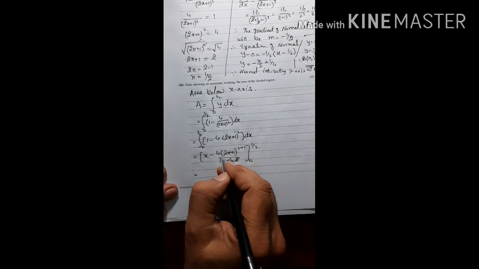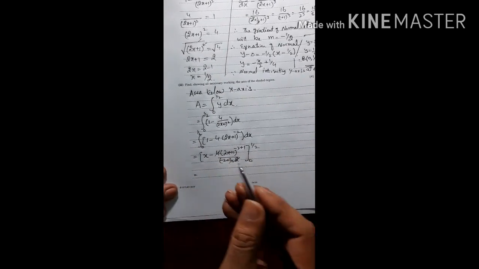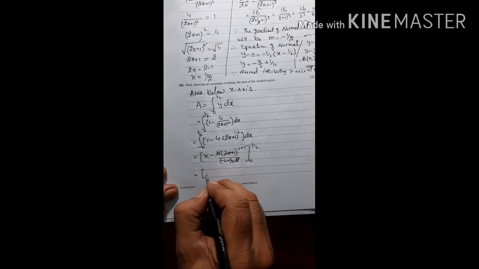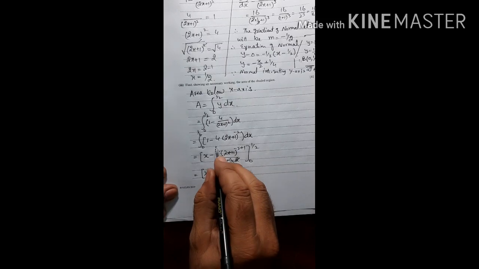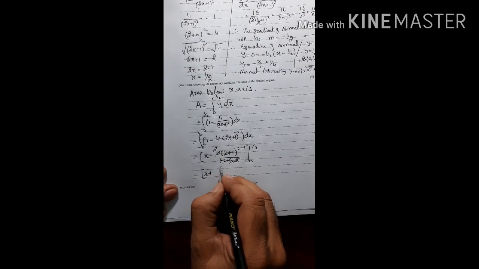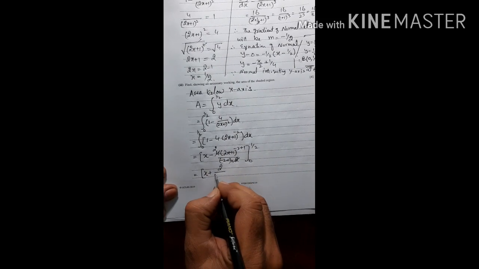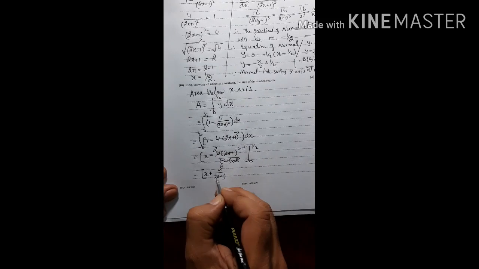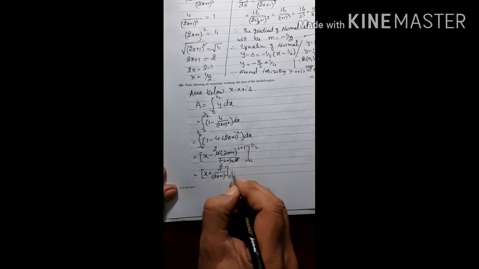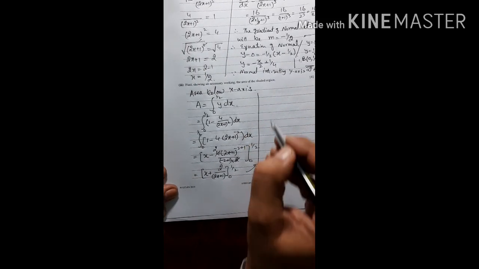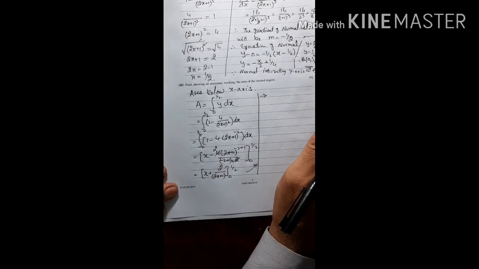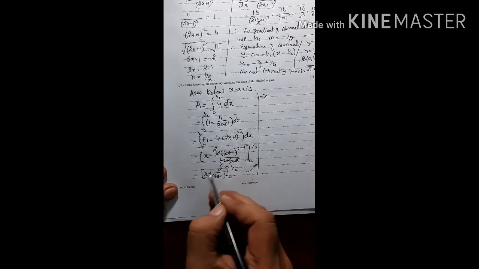Now this 2 will be cancelled with this one. This is minus 1. It will become x plus 2 over (2x plus 1), with boundaries 0 to 1/2. Okay, I'm going to apply the boundaries.